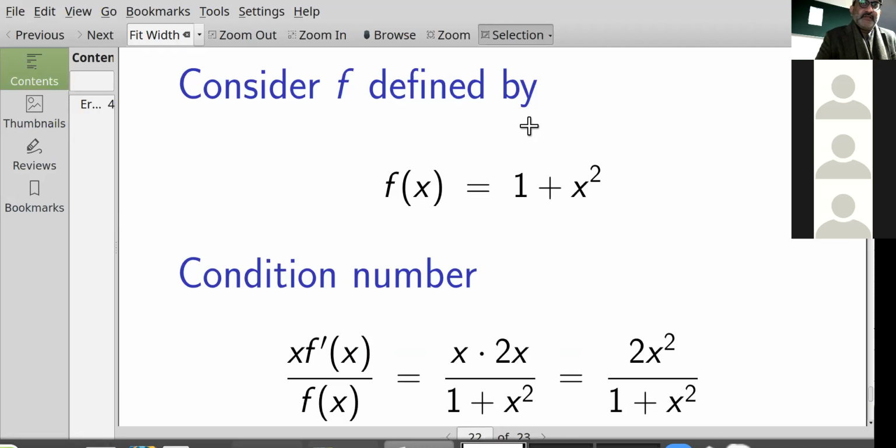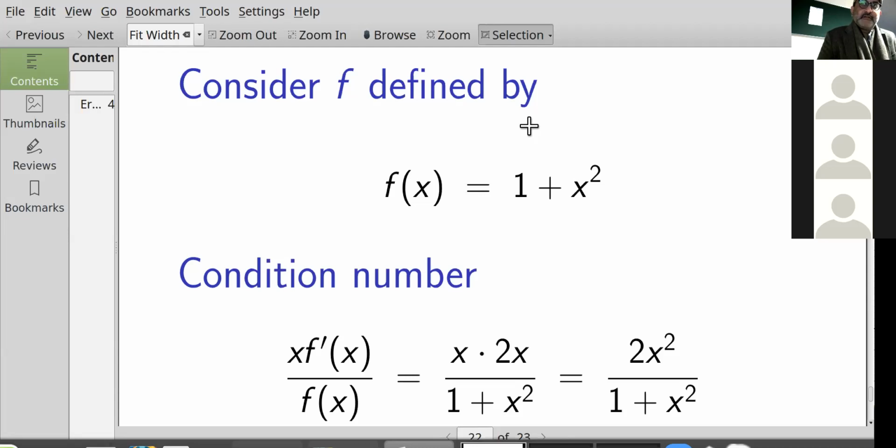Okay, so now what if x is like 0.1? Then what is this condition number approximately? The condition number would be approximately 0.02, right?